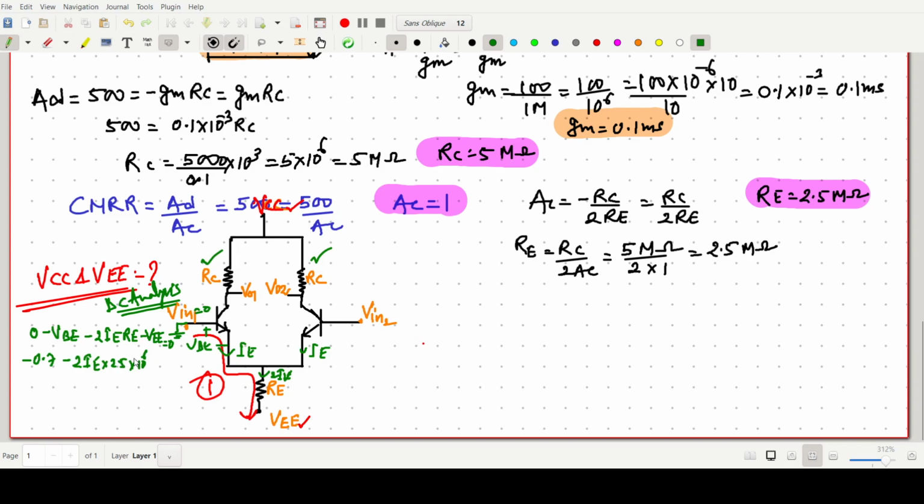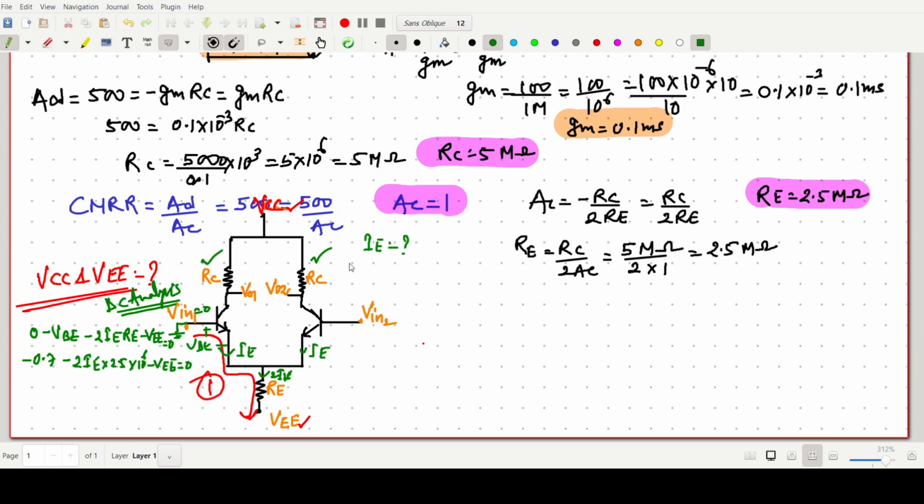Minus VEE. But here, see, now there are two unknowns, IE and VEE. We have to first find the value of IE. So how to find IE? This one is the concept.